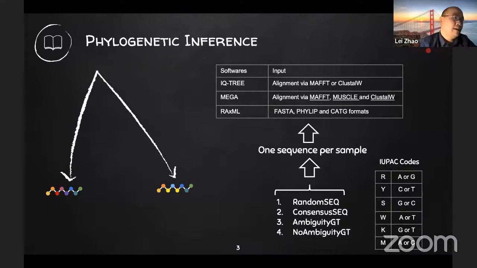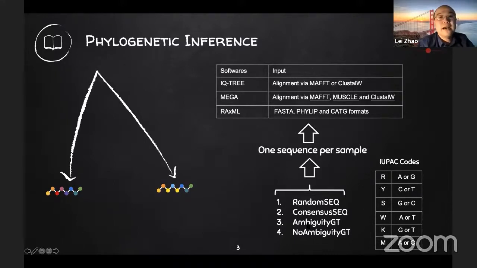You just randomly choose, or maybe consensus choose, a read per site. So people argue the first two are not that perfect, and they try to do something called ambiguity GT. Basically this means per site, according to the genotype likelihood or other things, you choose the most probable genotype. If the most probable genotype is a homozygous site, then you can use A, C, G, T to represent it.